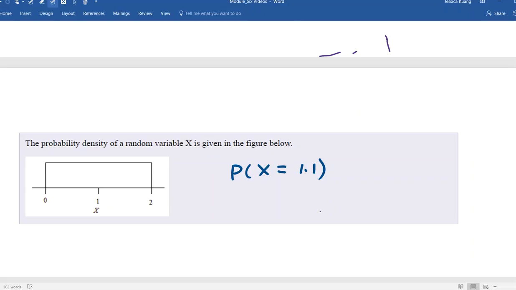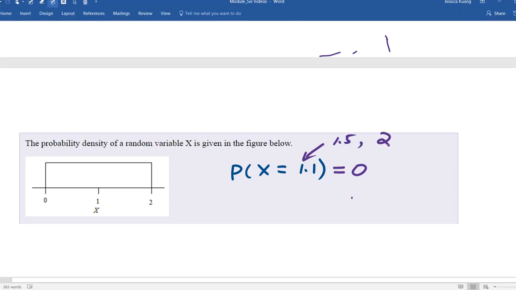But for a continuous random variable, that would be uniform and normal, this probability is always, always zero. Regardless of what number I'm putting in over here, I could have a 1.5 or 2, whatever number you could imagine. As long as we have an equal sign, this probability is always zero.